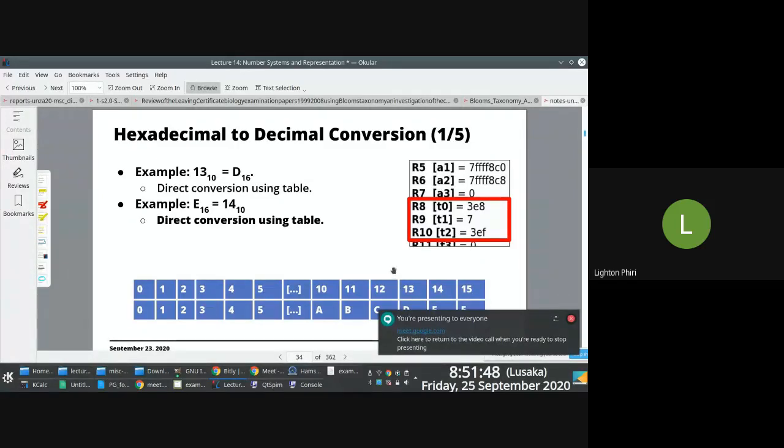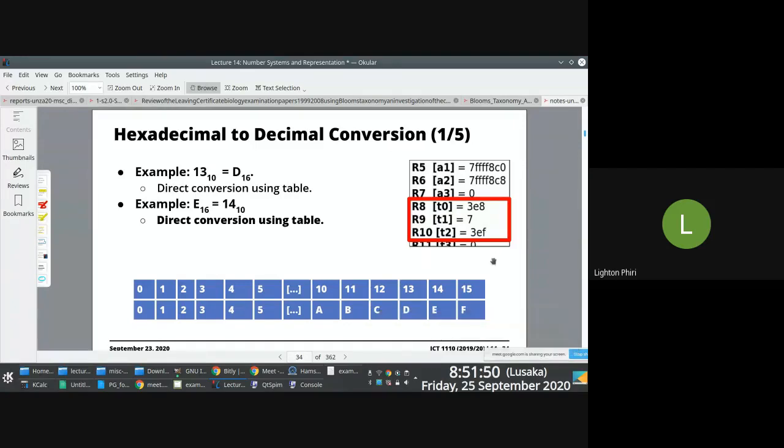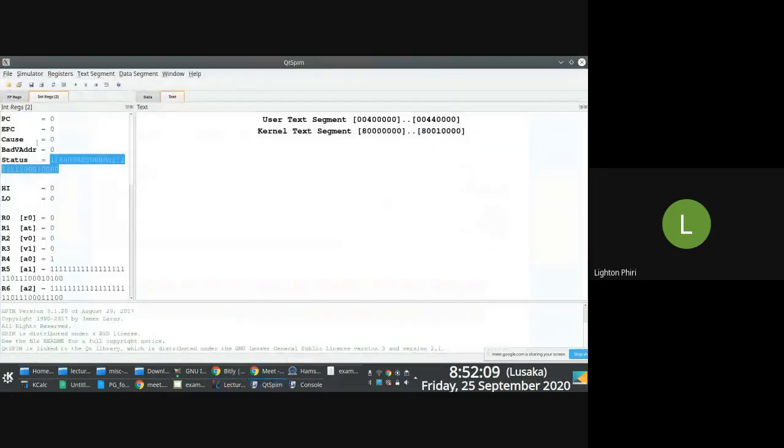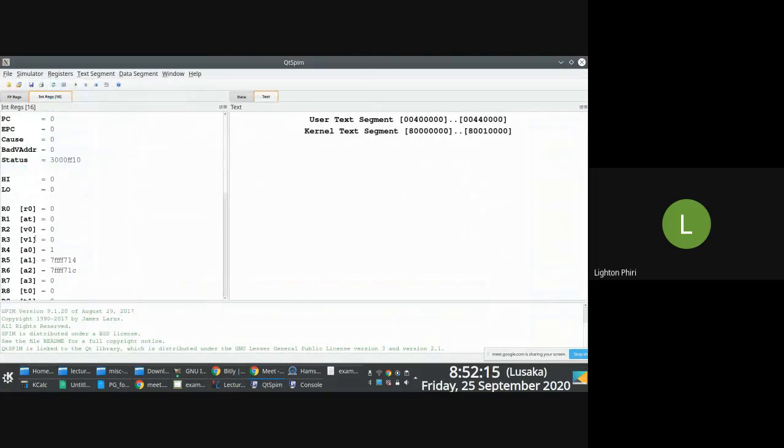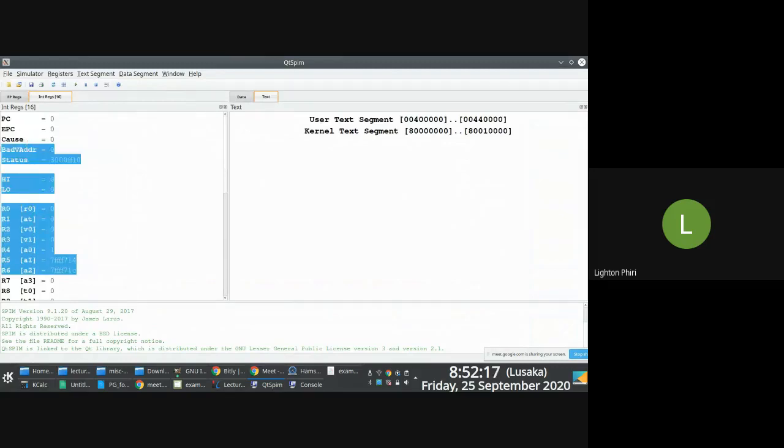Usually, by convention, most applications and most literature online will present the hex symbols A through F in all uppercase letters. But this example is from QtSpim, and QtSpim represents everything in lowercase letters. Observe, if I change this to hex, this is what you're seeing here. This is why. So there's no difference.